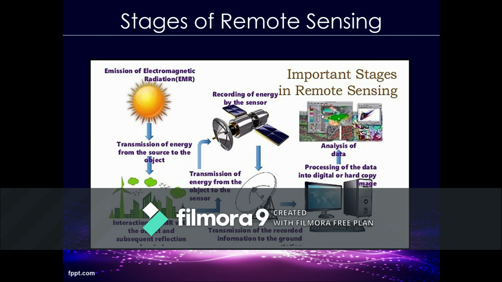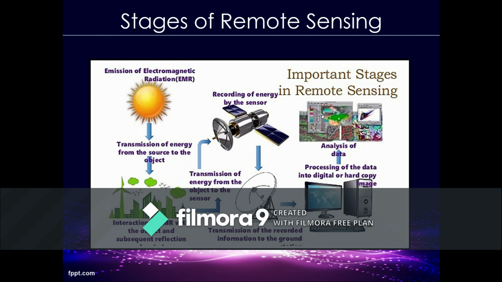The important stages are: the first one, the origin of the electromagnetic radiation. Next, the transmission of this electromagnetic energy from source to target area. The third one is the interaction of this electromagnetic energy with the target. Interaction means there are some reflection, absorption, scattering, all these things.